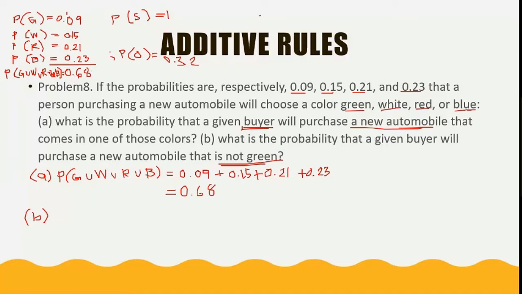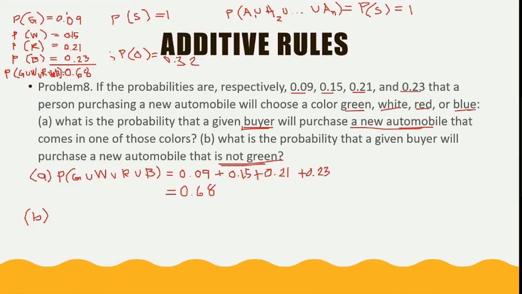If you recall the previous theorems, the probability of all the mutually exclusive events A to N is just equal to the probability of the sample space, and that is equal to 1. So that means the probability of getting green, white, red, blue, and others is equal to 1. Since we have 0.68 for the sum of the probabilities of these four colors, the remaining will be 0.32.